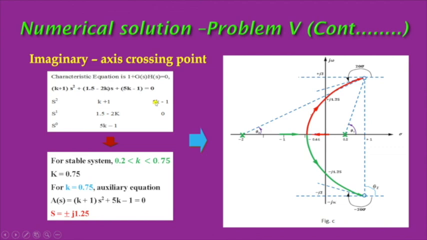Then taking the auxiliary equation (k plus 1) s square plus (5k minus 1) equal to 0, s equals plus or minus j 1.25. So at that point, k equals 0.75 and s equals plus j 1.25 and minus j 1.25.